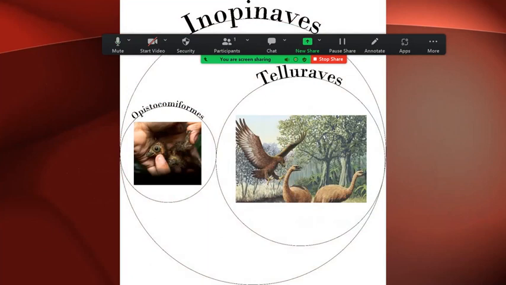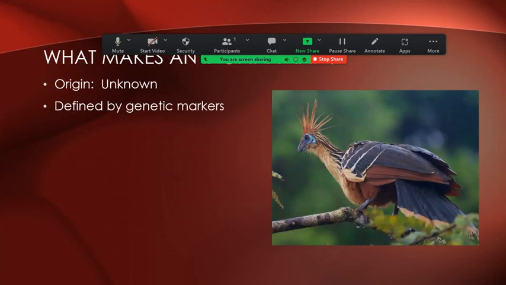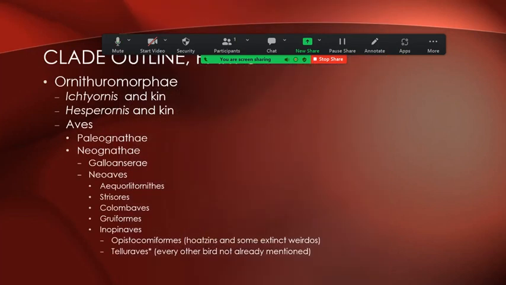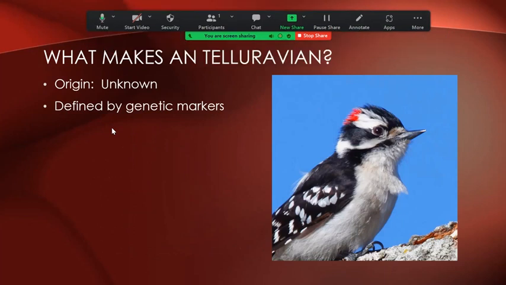All right. But most Anopanaves are in Telluraves. We've got three groups in here, which we'll get into in a little bit. What makes a Telluravian? We do not know. They're defined strictly by genetic markers at this time.